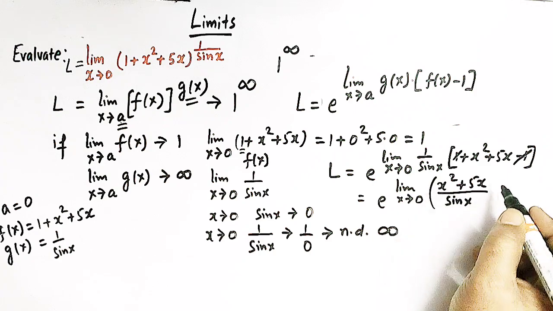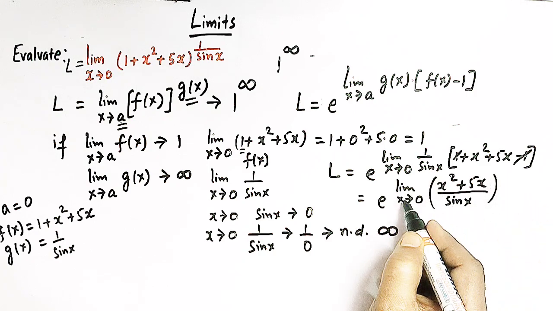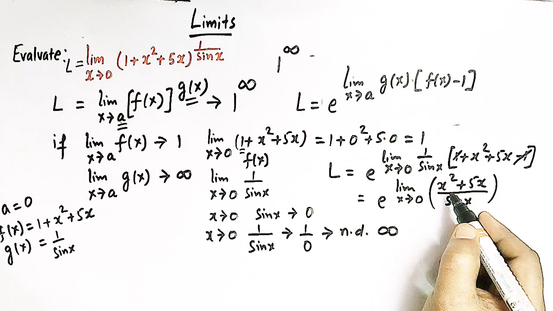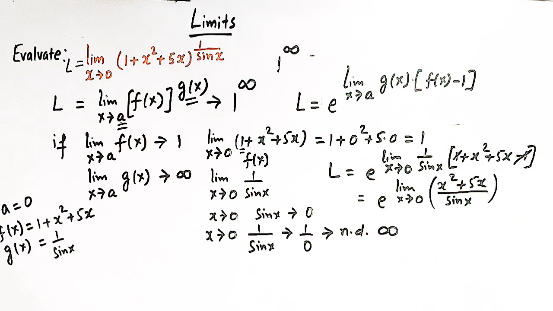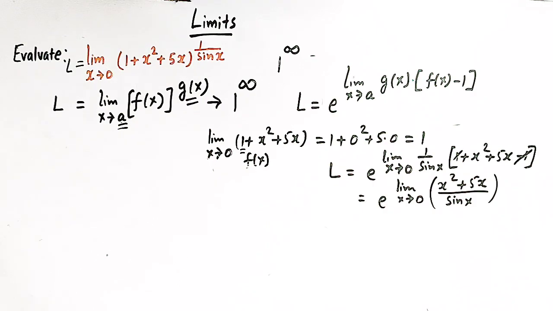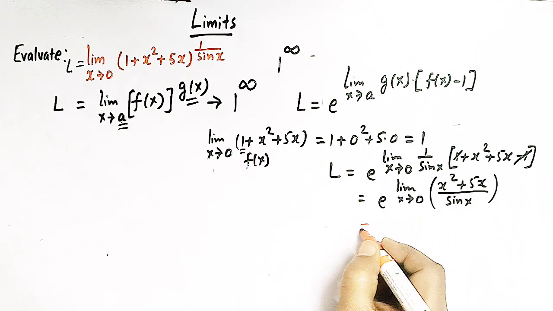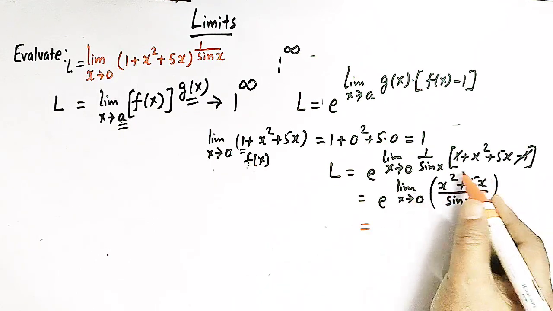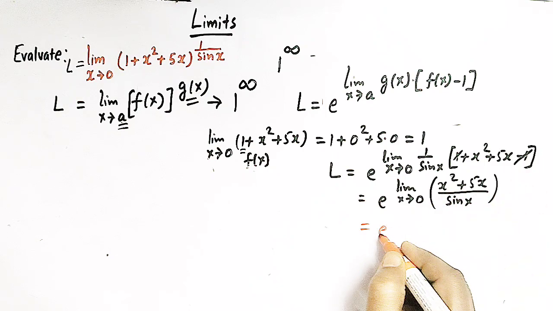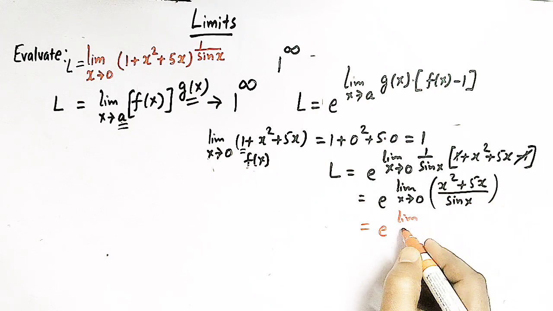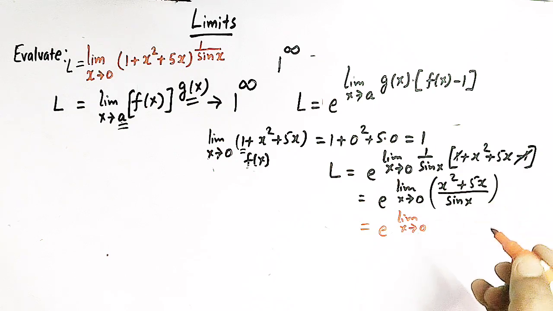So now we have to evaluate this limit, that is limit x tends to 0, x square plus 5x divided by sine x. To get the value of this limit, we can apply L'Hopital's rule, but we'll simply use the algebraic treatment.